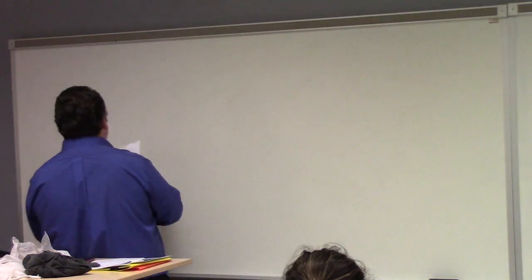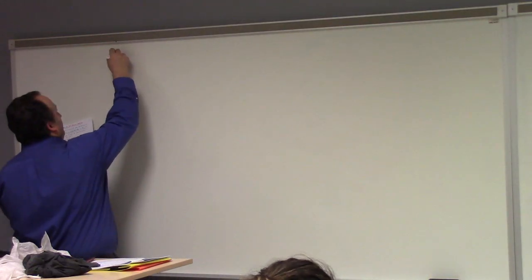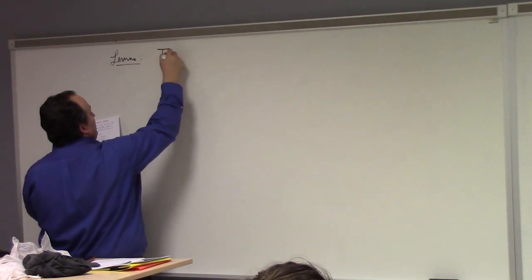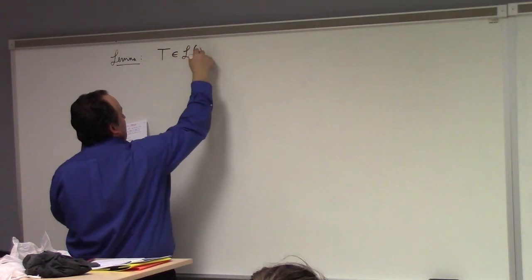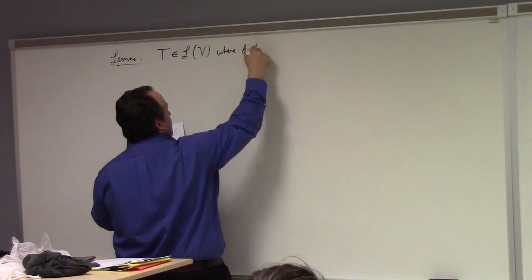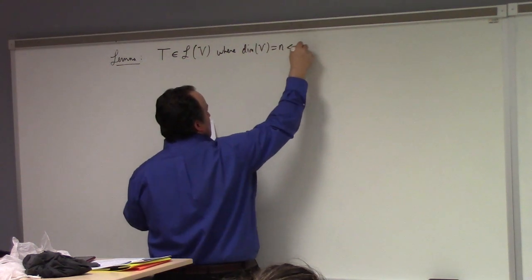Okay, so let me continue here. Lemma. Suppose we have T is a linear transformation on V where the dimension of V is equal to n, which is less than infinity.